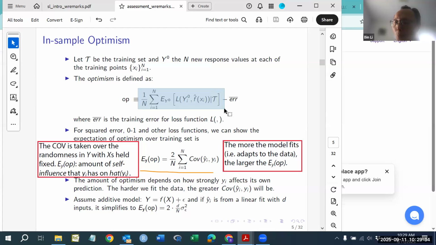We want to estimate, or we want to optimize that, right? We can do it in 2 ways. Just using the training error, that's no good. Why? Because you can see there is a gap. The gap is the optimism. So just using the training error is no good.